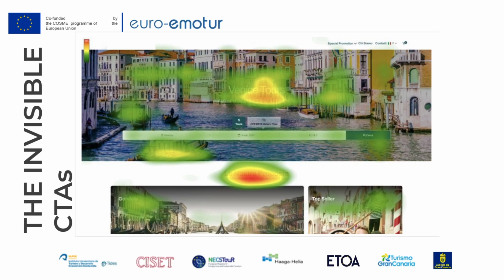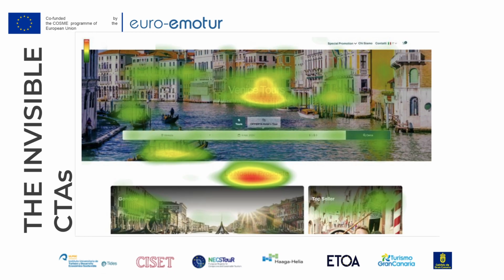It focuses on the brand, but around the search, so around the call to action, there is just a modest green area, which tells us that the level of focus and attention on that area was not that much.